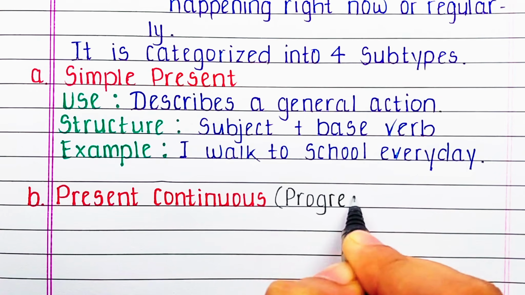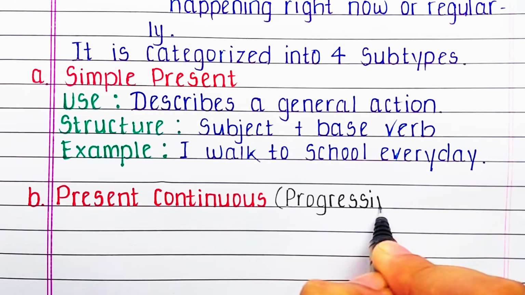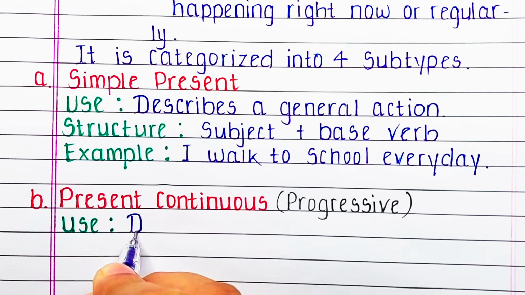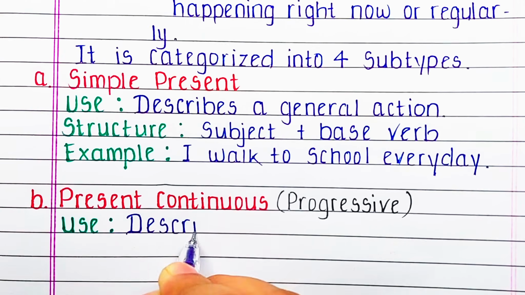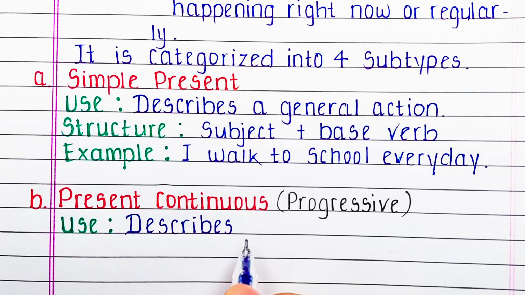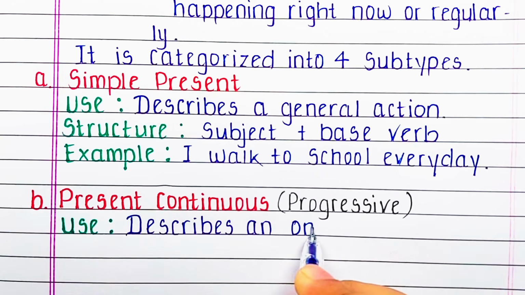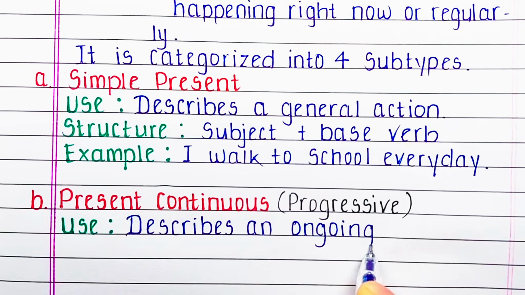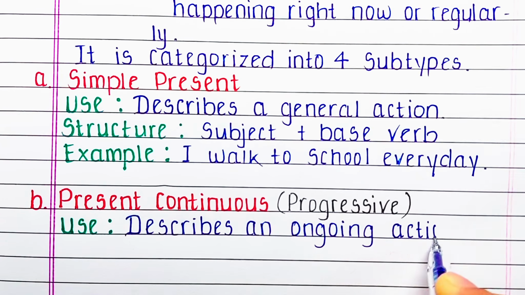Next subtype is present continuous, progressive. It is used to describe ongoing actions.